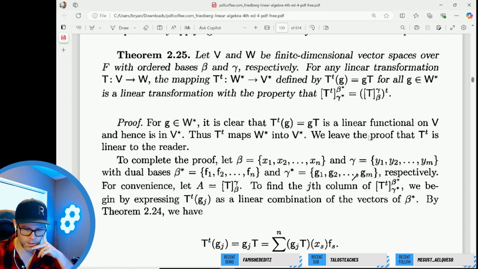We leave the proof that T transpose is linear to the reader. Is that obvious? I don't think it's obvious that it's linear.